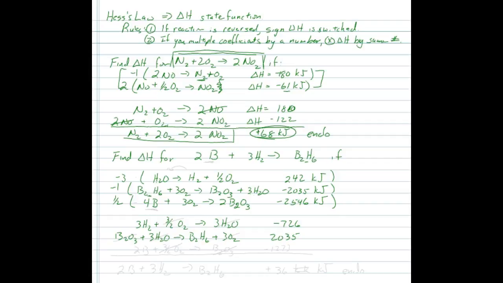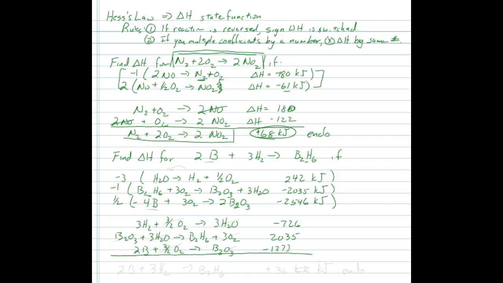And this one you divide by 2, so it would be 2B plus 3 halves O2 yields B2O3, and divide that by 2, you get negative 1273 kilojoules.